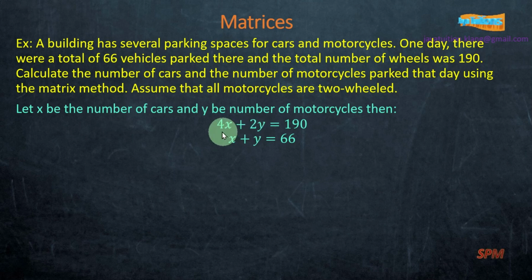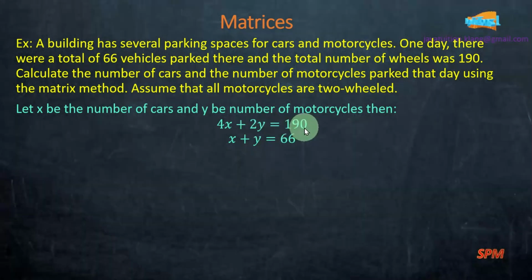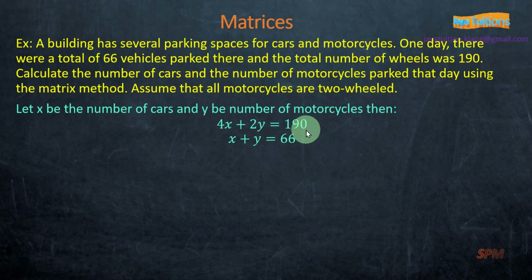So four-wheelers, that is cars, x plus two-wheelers, that is motorcycles, y, the total number of wheels is 190, so 4x plus 2y is equal to 190. These are the two simultaneous equations you have formed.